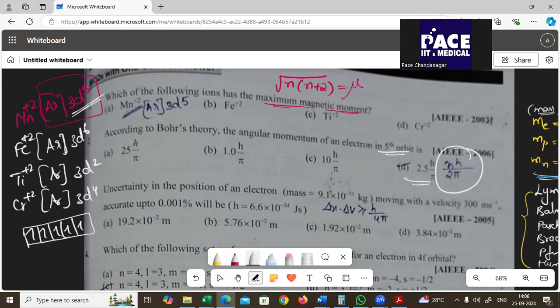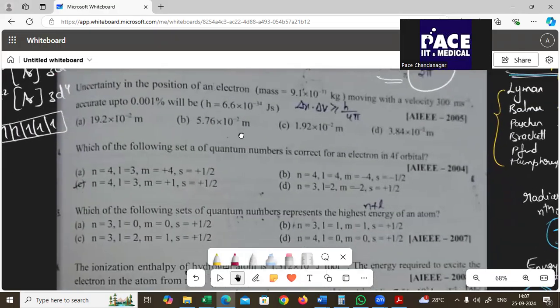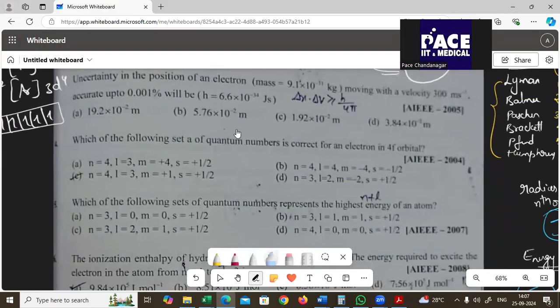Then you have uncertainty in the position of an electron. The electron of mass given to you is moving with a velocity of 300 meters per second, accurate up to 0.001%, they say, which means your uncertainty in velocity is 0.001% of the velocity, right?